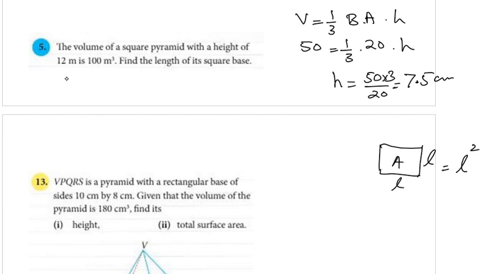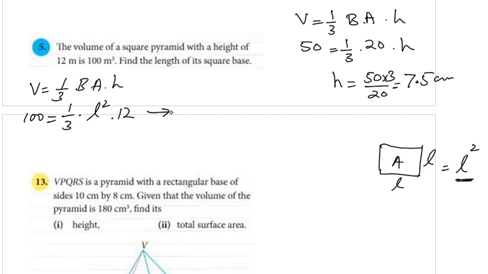Here we are going to write the formula again. Volume is equal to 1 over 3 base area multiplied by height, and using the values, 1 over 3 as it is, volume is equal to 100. Base area, instead of base area we can use this L square, multiplied by height h, which is 12 meters.